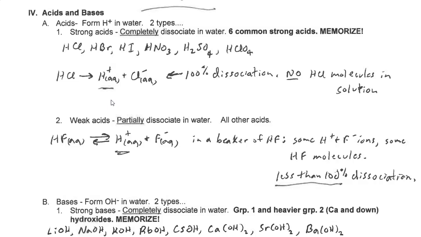There are 6 common strong acids that you need to know on sight. And I told you in the last chapter, you might as well memorize them now because you're going to need to eventually. Well, here we are. You need to know these 6 on sight. 3 of them are hydrogen with a single atom. 3 of them are hydrogen with a polyatomic ion. The 3 with a single atom are your 3 halogens there, your chloride, your bromide, and your iodide.